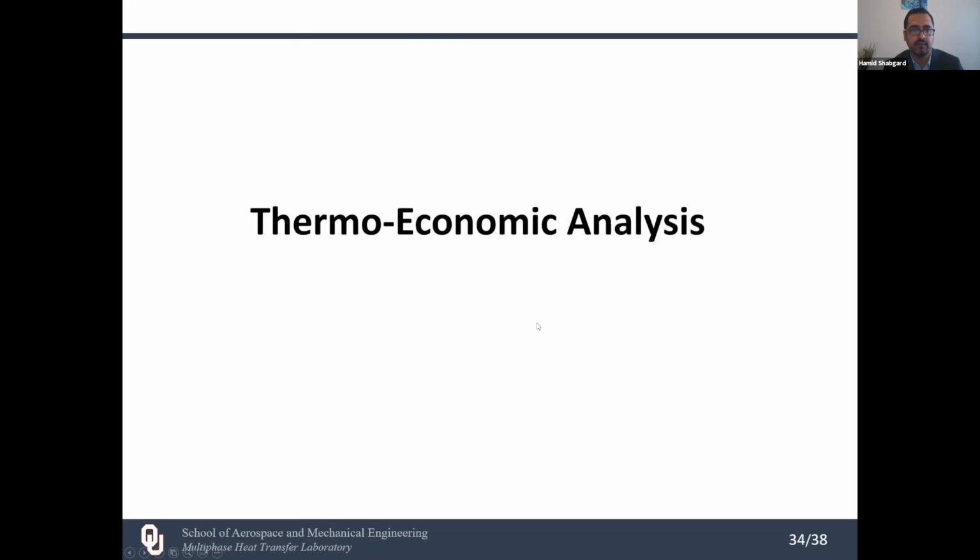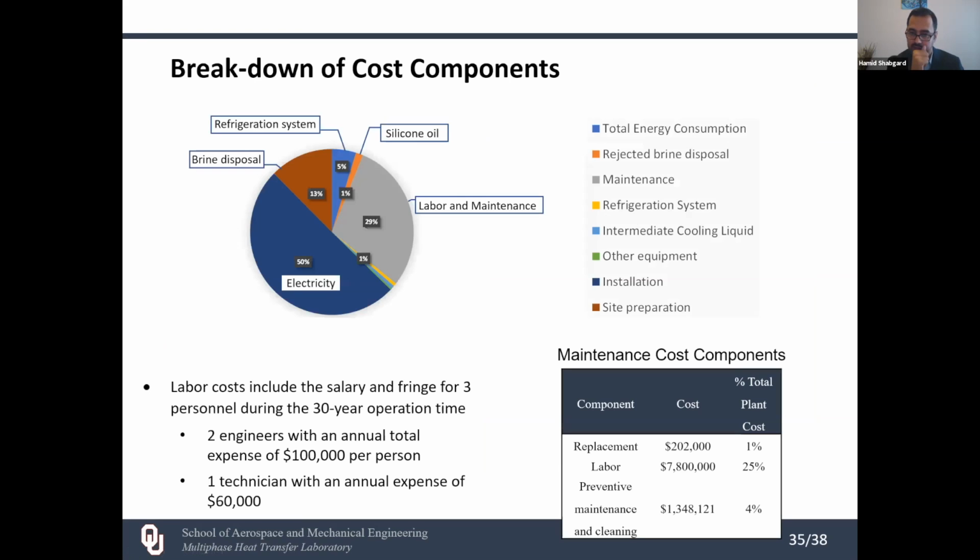And finally, we used the results of the process model with the input from the experimental and computational model to approximate the cost. As you see, it's a breakdown of the cost associated with this technology. The majority of the cost relates to the electricity consumption of the system, about 50%.